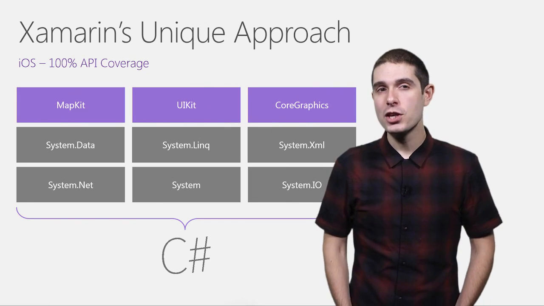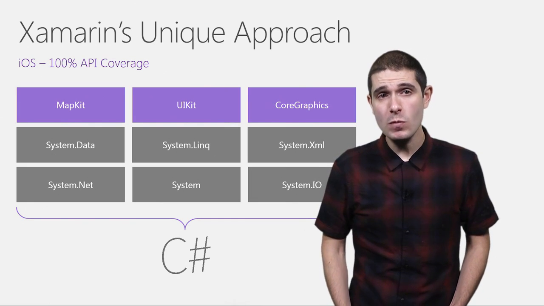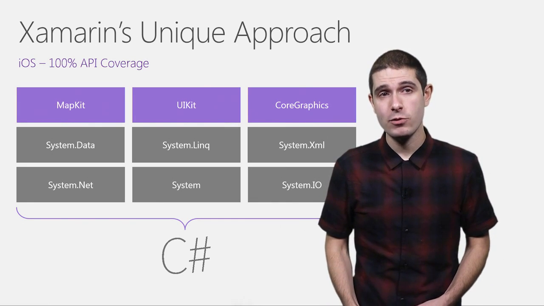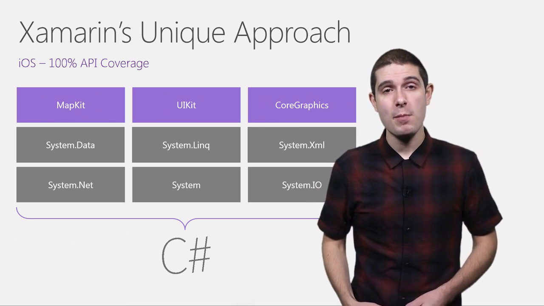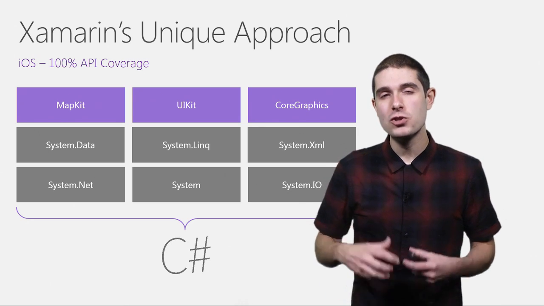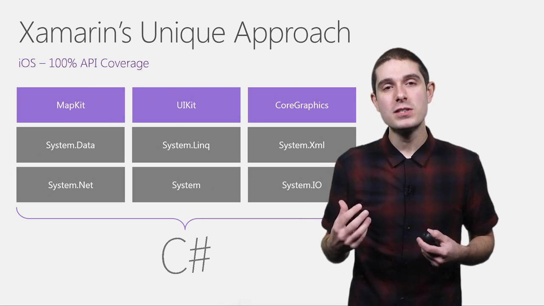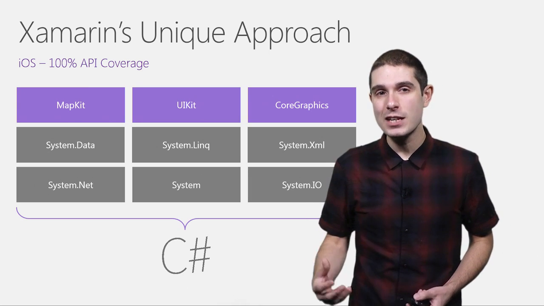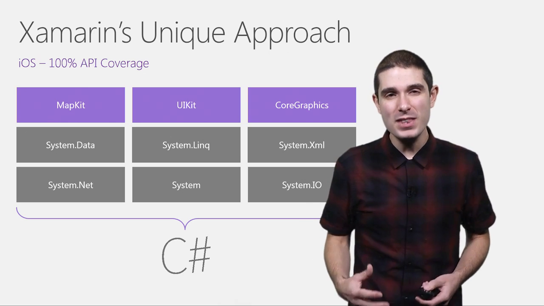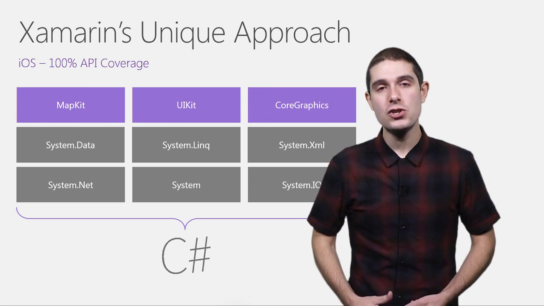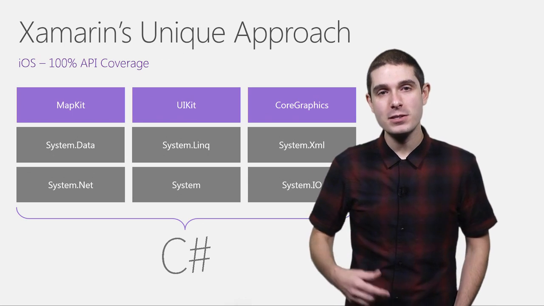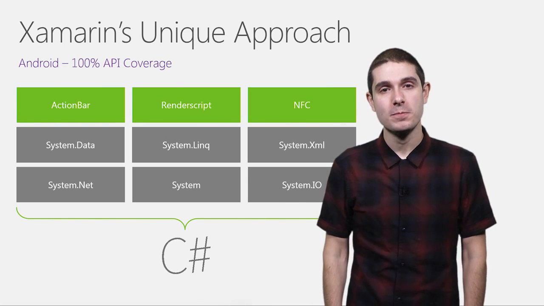You get everything you know and love about .NET, but you have 100% API coverage for every API in iOS and Android. And we create these great C# bindings around everything like MapKit and UIKit, and give you C# features such as async await, lambdas, LINQ support. So everything that you know and love of C#, but accessing native iOS and of course Android APIs.